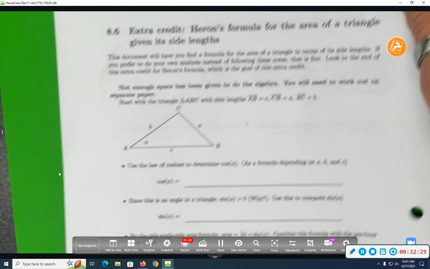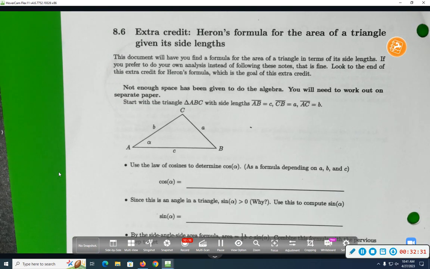Finally, there's yet another area formula, which is a super classical one that doesn't get talked about in this class, just mainly for time reasons. If you know all three sides of a triangle, do you know that triangle? As we've seen, you can use the law of cosines and determine all the angles. If you know all the sides and all the angles, then surely you can figure out the area.